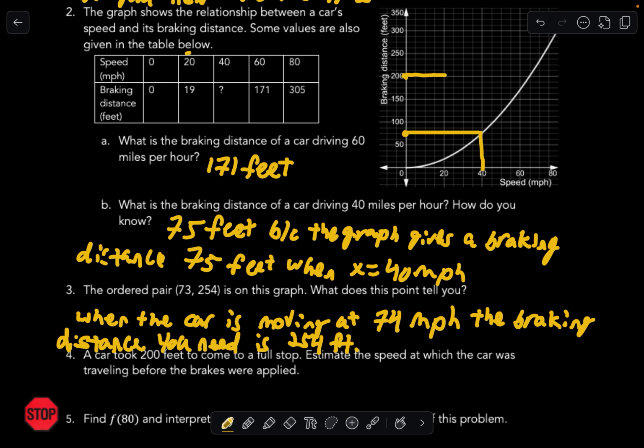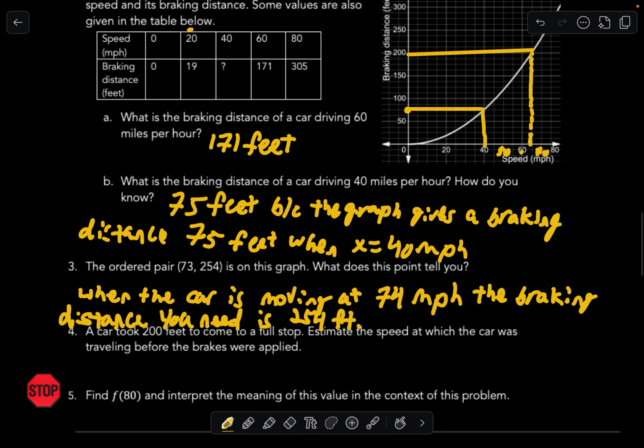So if we just go across, we're there. And if we go down, we're at the line right after 60. So the line right after 60 is 65. So it goes 40, 50, 60, 70, so it's 65.